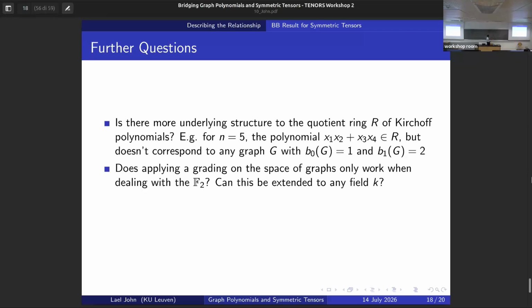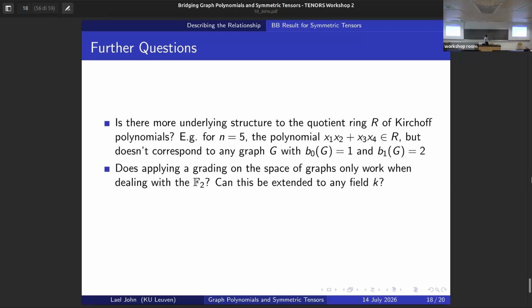My second question is, I was working over F2. Does changing my underlying field to be K change the way that I can do addition and other operations on the space of all graphs?